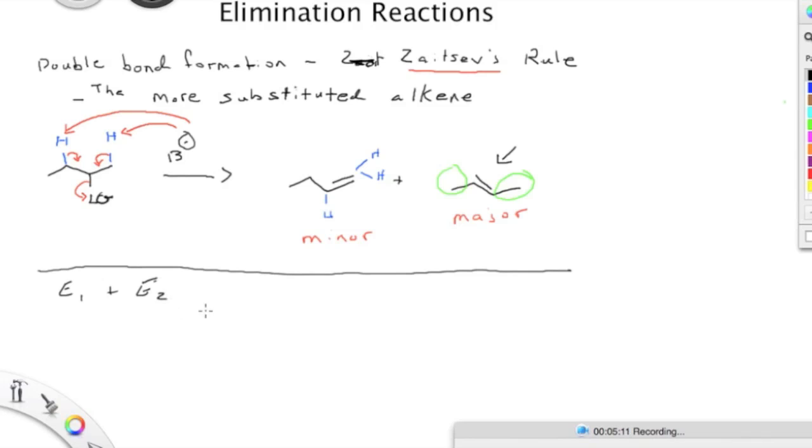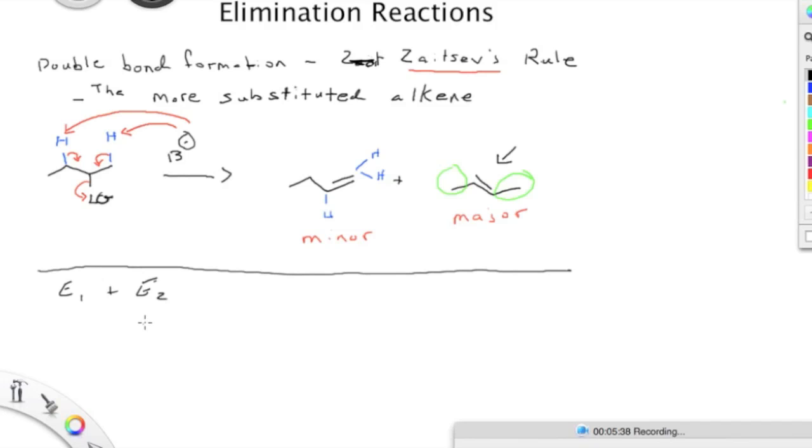And just like with substitution reactions, E2 reactions are concerted and happen in essentially one step. Therefore, it's what we call a bimolecular reaction. In other words, the rate depends essentially on both parties, RX or R and your leaving group, plus the nucleophile or base that you're going to use.